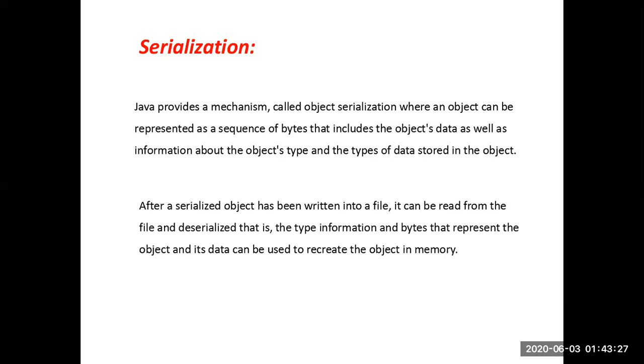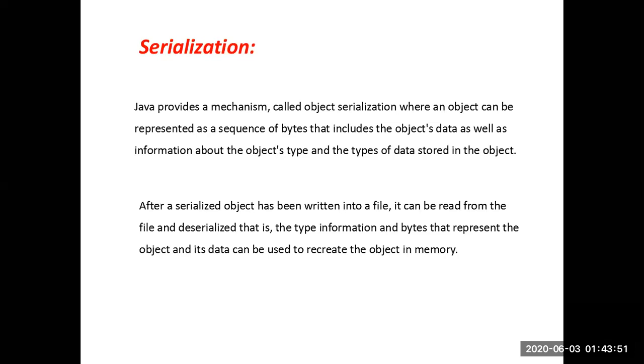For example, I serialized an object and stored it in some file or some database. After some time, a second person will come, deserialize that object and reuse it. Clear? That is the thing.